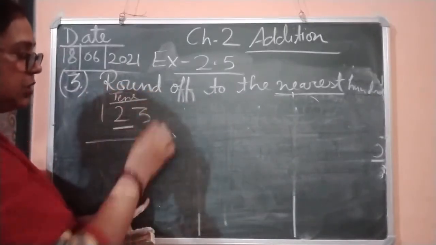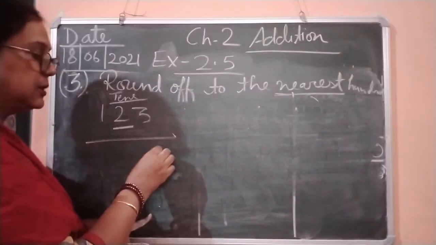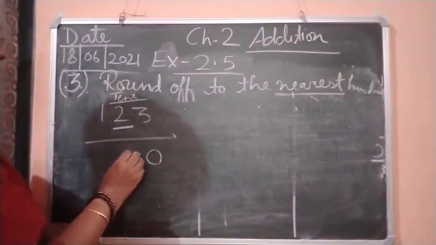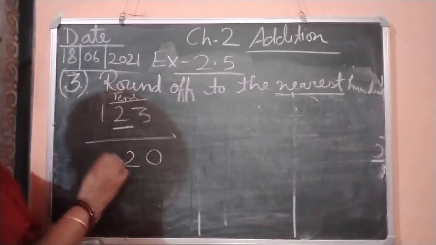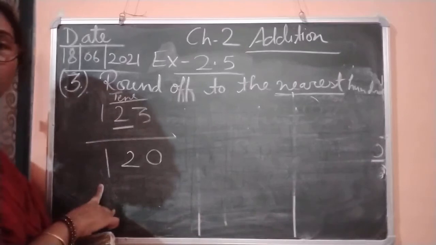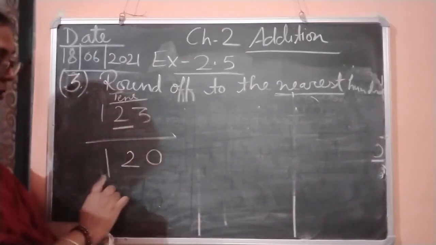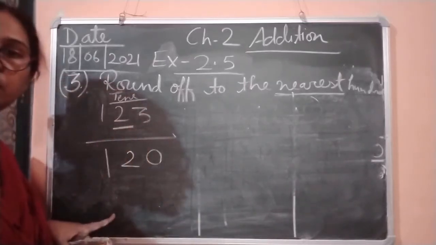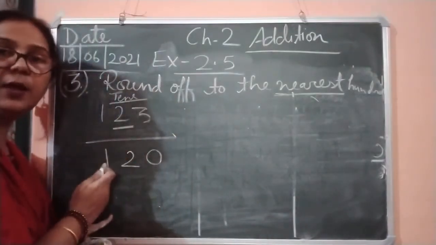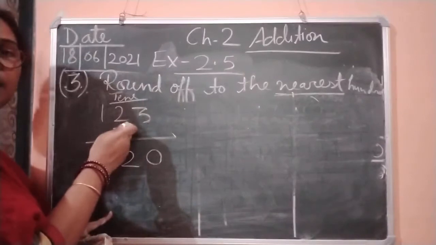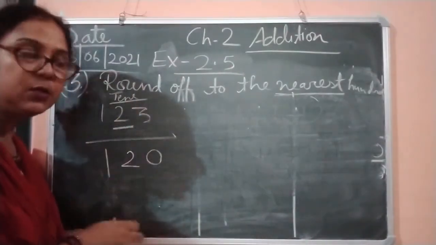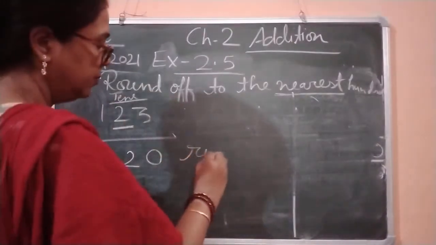So 2 will remain 2 and 1 will remain 1. What is the round off of this 123? This is 100. So this is rounded down.